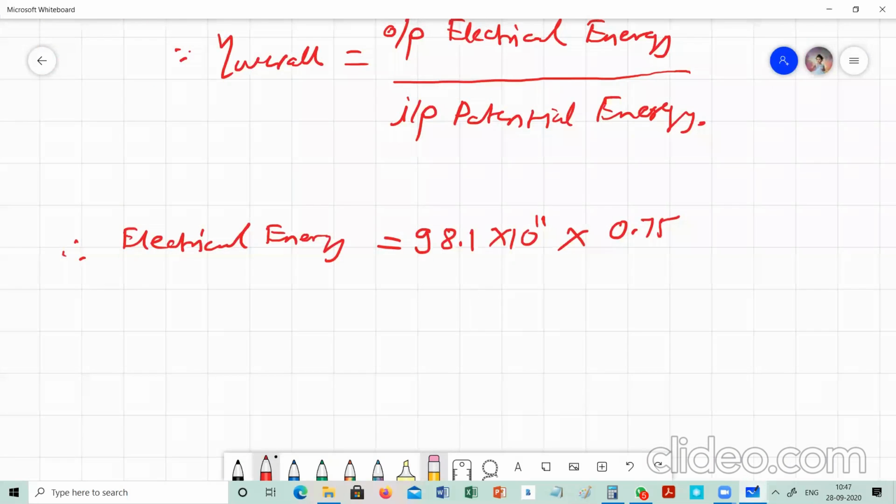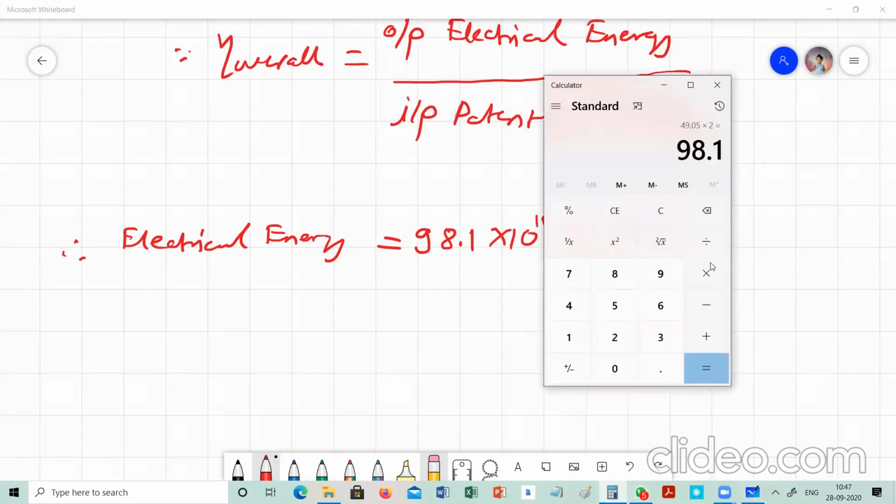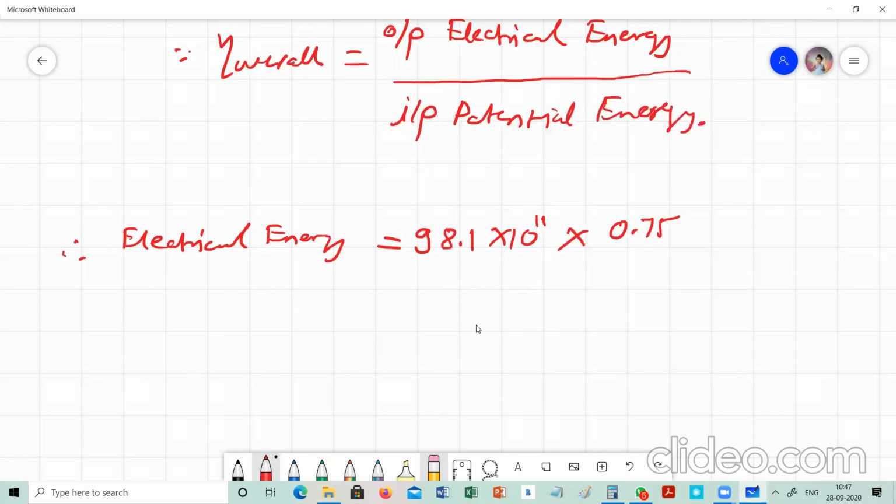It will give 73.575 into 10 raised to 11. Obviously its unit is watt second.